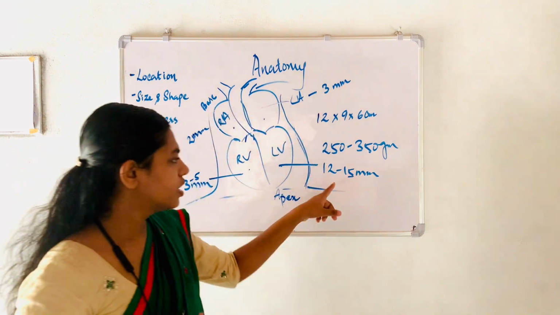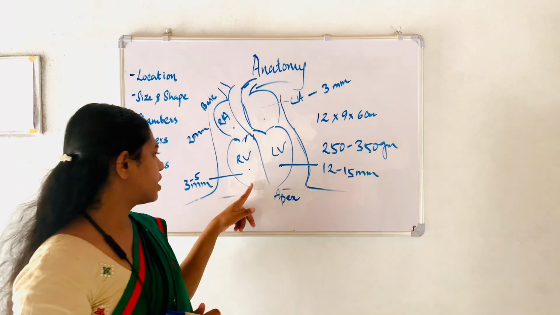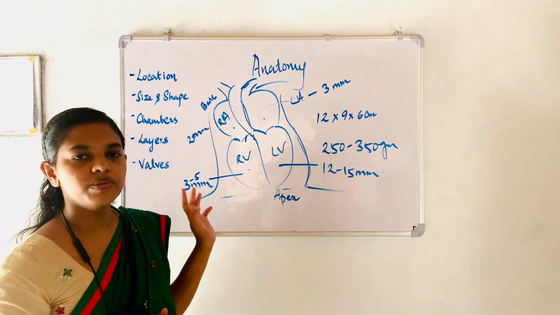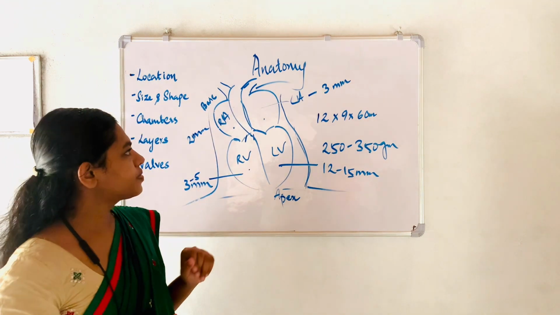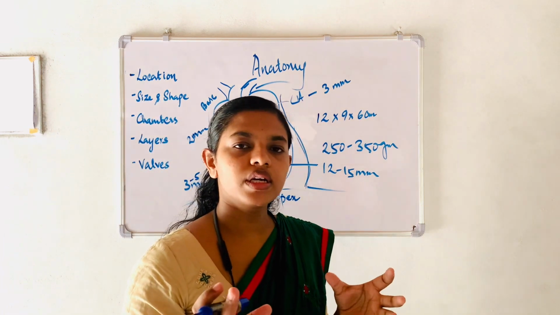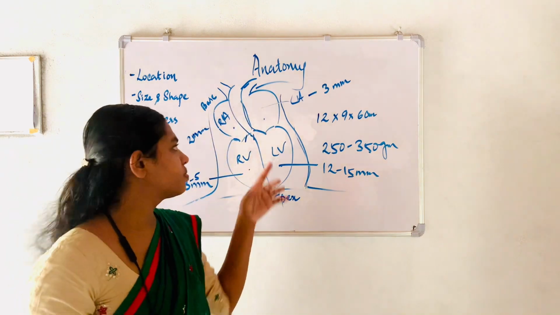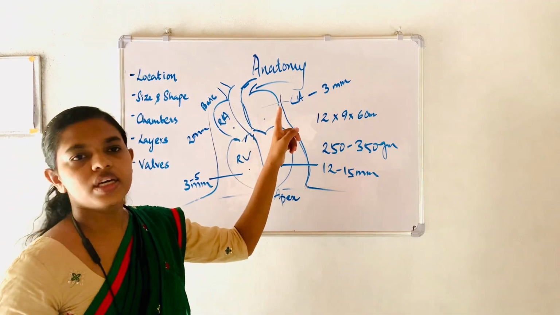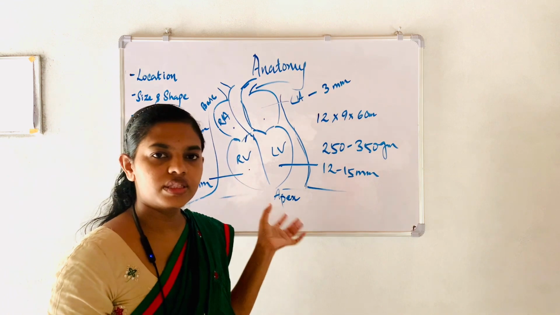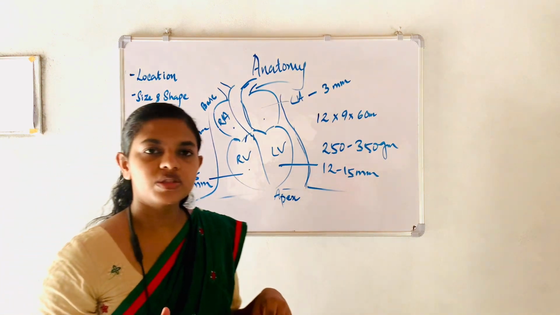That's why the left ventricle is 12 to 15 mm thick, and RV is 3 to 5 mm thick. RA and LA have to contract only very slightly, they don't have to exert so much pressure. That's why RA and LA are less thick. Are you clear about this?